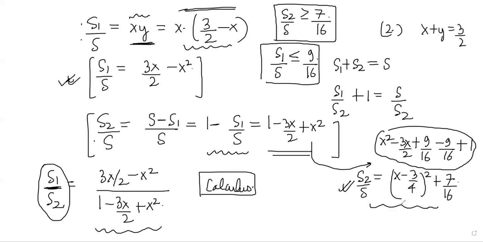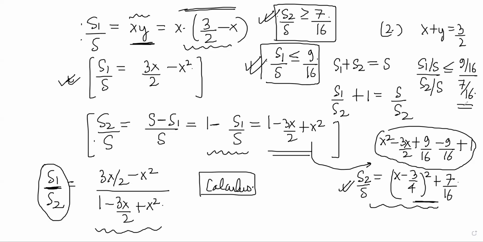And if S2 by S is greater than 7 by 16, since the sum of these two ratios must always be 1, because S1 plus S2 is always S. So if this is greater than this, S1 by S is less than this, right? So when I take the ratio here, S1 by S divided by S2 by S will be less than equal to 9 by 16 divided by 7 by 16.